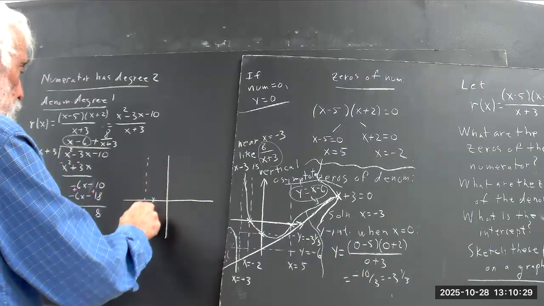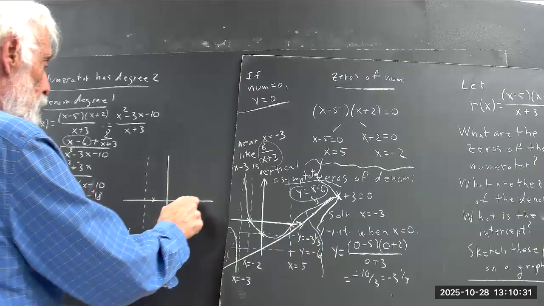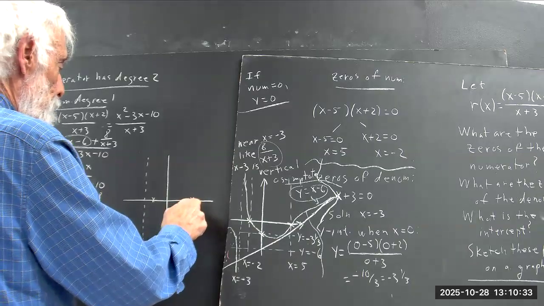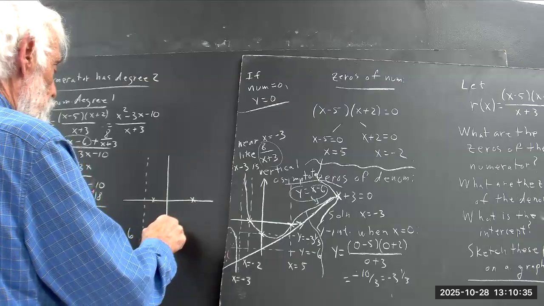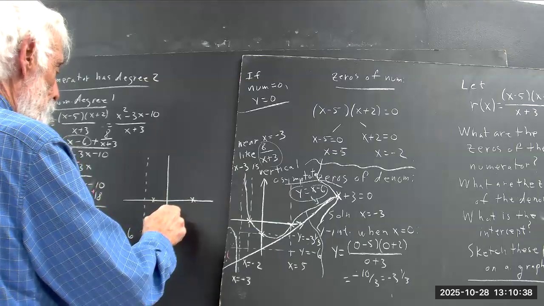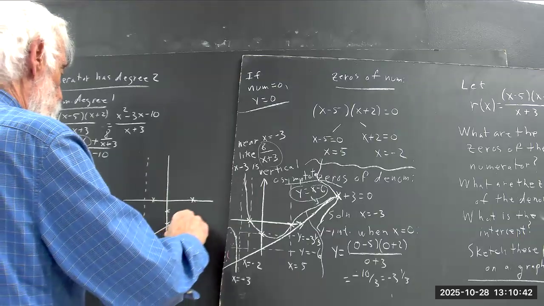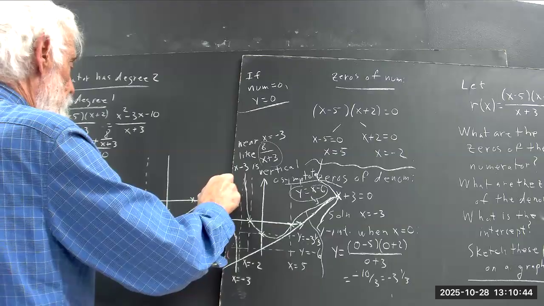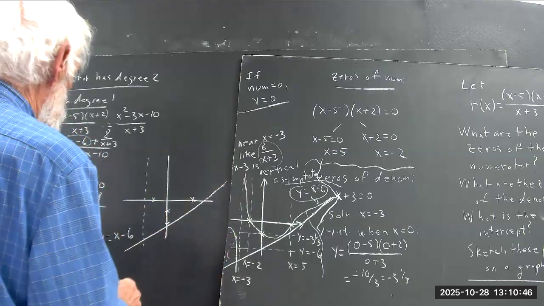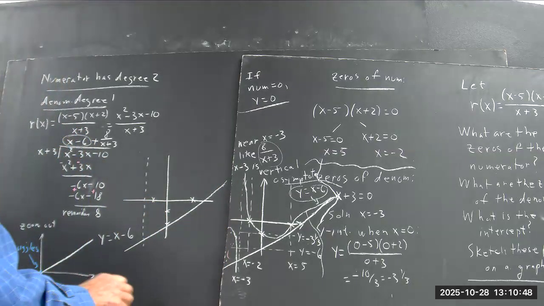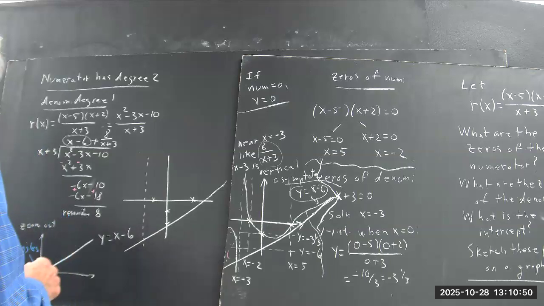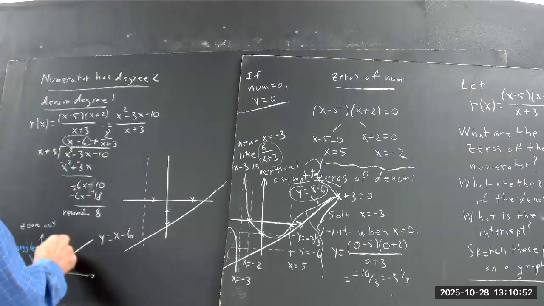We have an asymptote here. We have a 0 here. We have a y-intercept here. And we have a line to which the graph has to be asymptotic. So my label for y equals x minus 6 is kind of in the way.